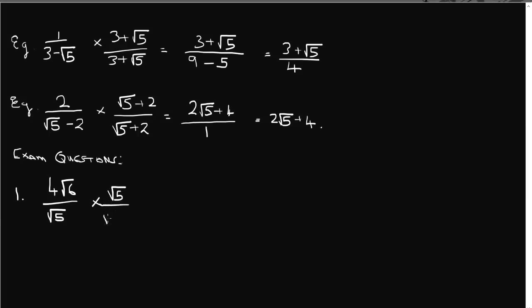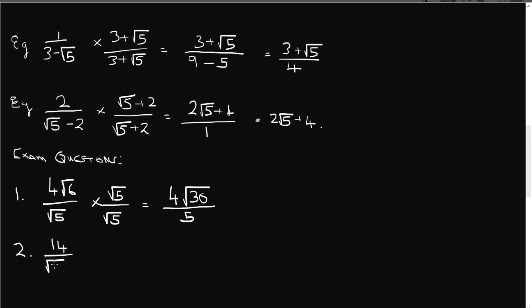Yep. So multiply the top out, you've got 4, root 6 times root 5 gives us root 30, divided by root 5 times root 5 is 5. So we've got 4 root 30 over 5. That's the answer to that one.